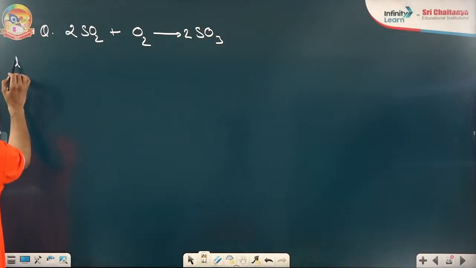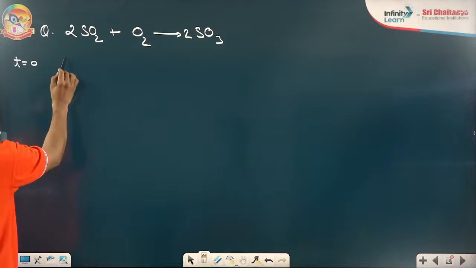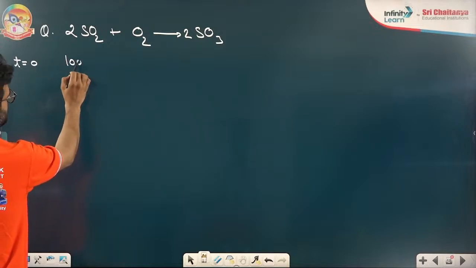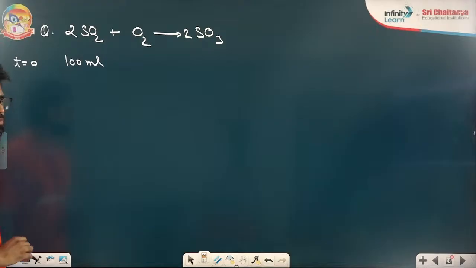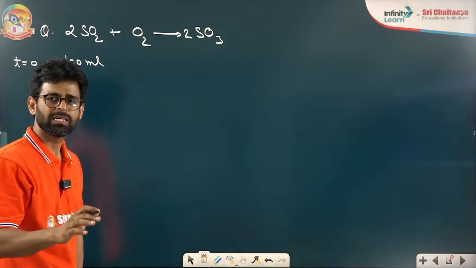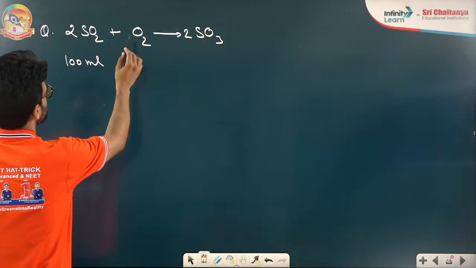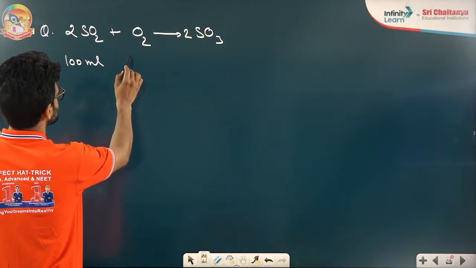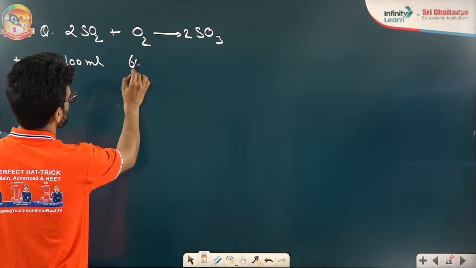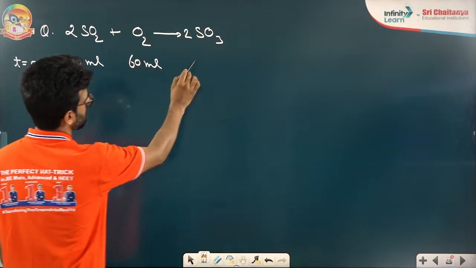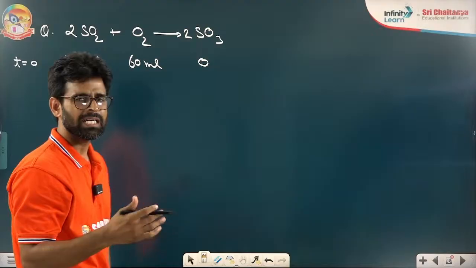Imagine at time 0 we have 100 ml of SO2 gas. Time 0 means the initial time when we are starting the reaction. It is 100 ml, and imagine I am giving the other reactant as 60 ml, and the product is 0. Your task is very clear.